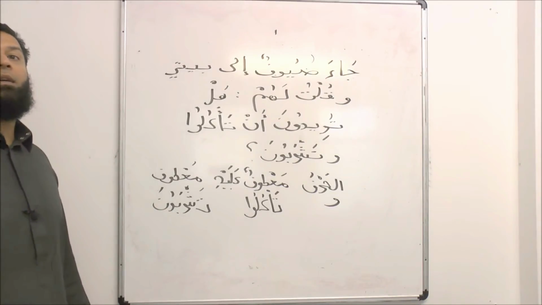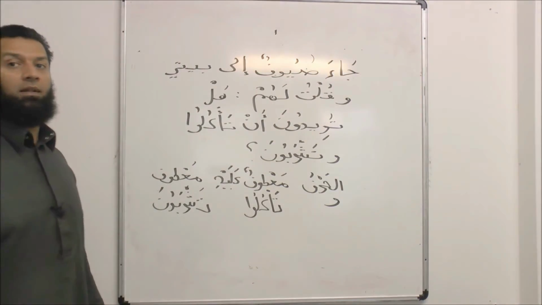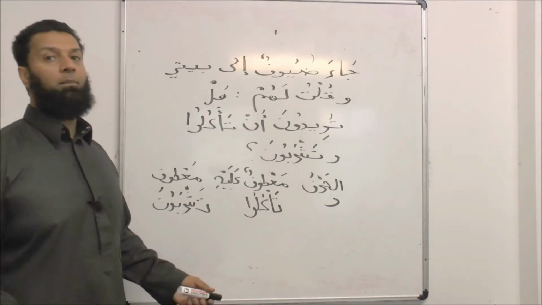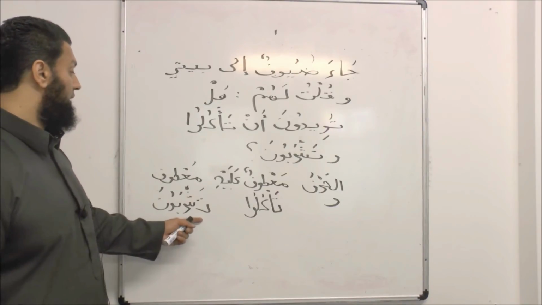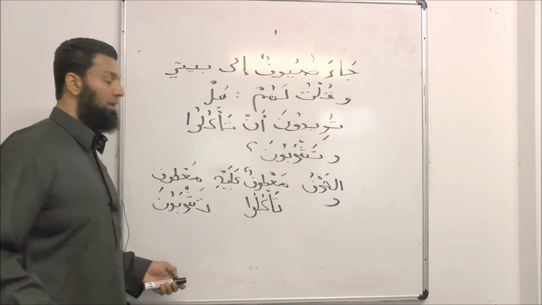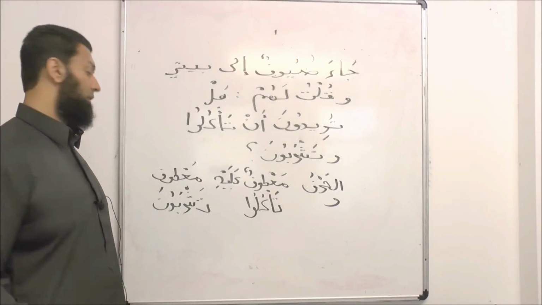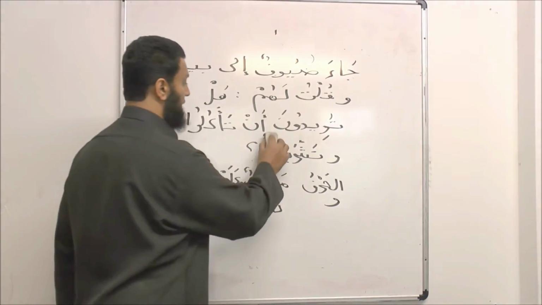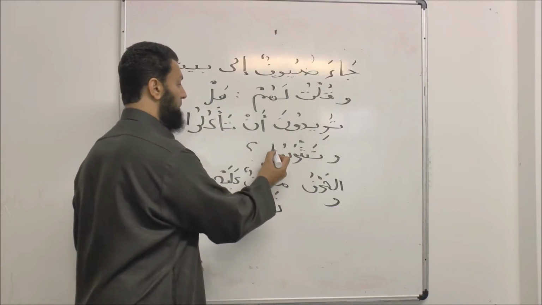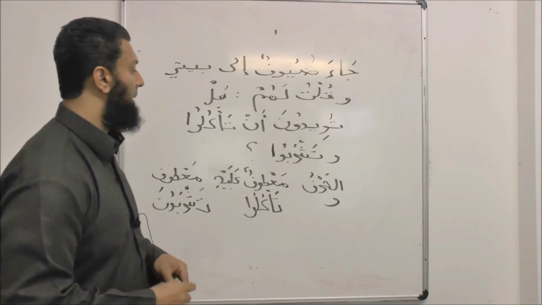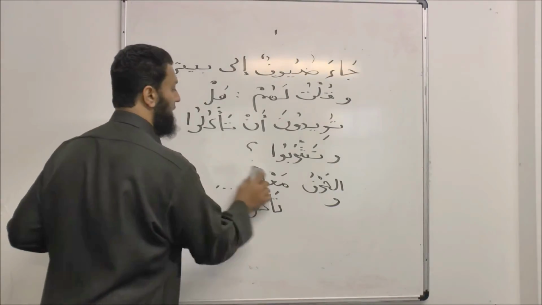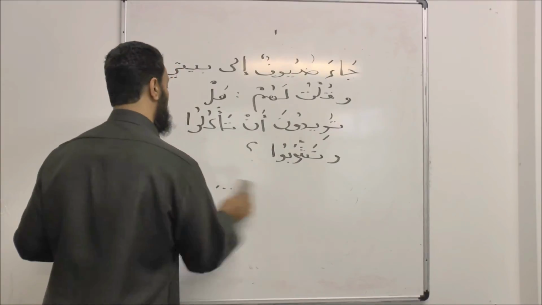They have to be the same in two matters: the i'rabun and the hukmun, the ending. Is tashrabuna like ta'kulu? No. So you take the noon off and put the alif. Wa tashrabu. Now it matches in the i'rabun and the hukmun.